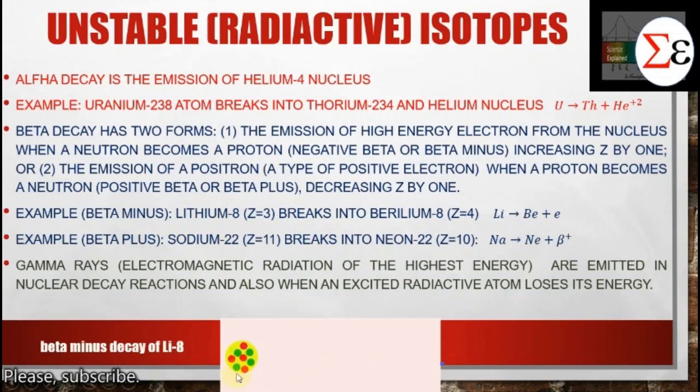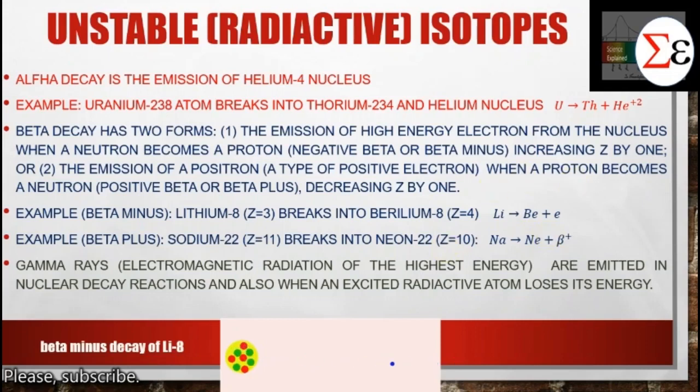We see the unstable neutron becoming a proton and emitting a high energy electron. And for beta plus, sodium-22, Z is 11, breaks into neon-22, Z is 10. We see that the atomic number decreases by a unit and it emits a positron.